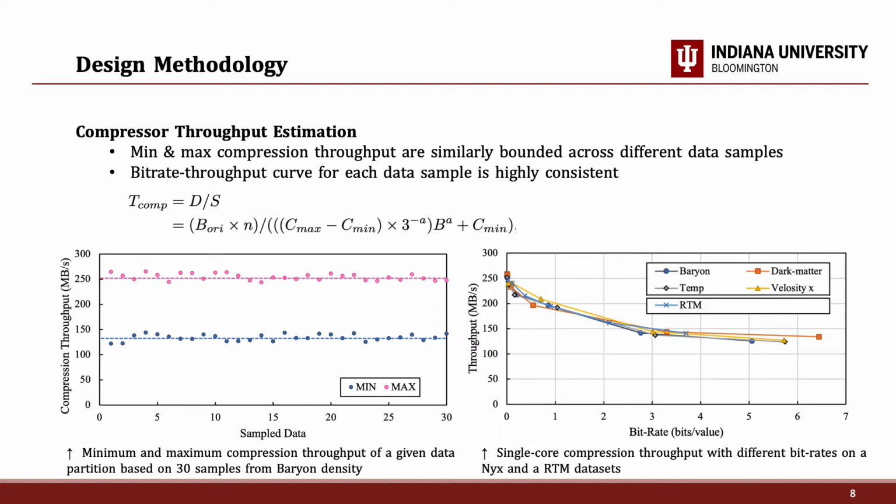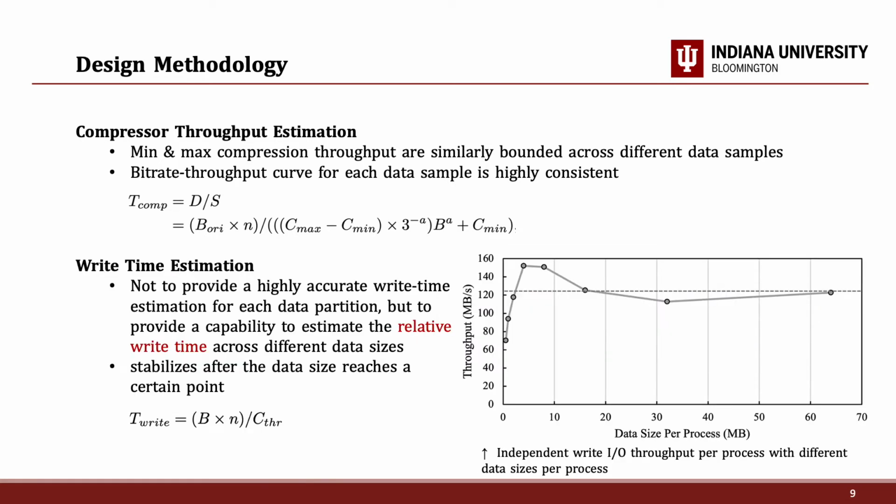lossy compression. Similarly, we also formulate the write time estimation. On the right-hand side, you can see the different data sizes per process compared to the throughput of that configuration. In this case, when the data size per process is extremely small, the throughput is actually not very stable.